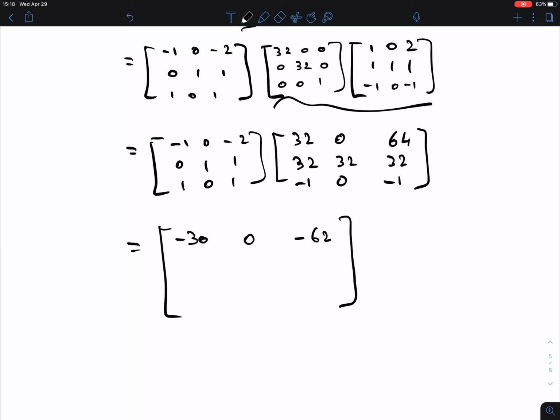Alright, the second row, 0 plus 32 minus 1. 0 plus 32 plus 0. 0 plus 32 minus 1. And now the last row, 32 plus 0 minus 1. 0 plus 0 plus 0. And then 64 plus 0 minus 1 is 63.